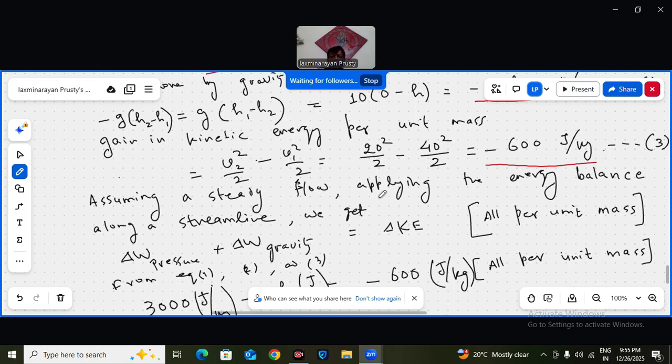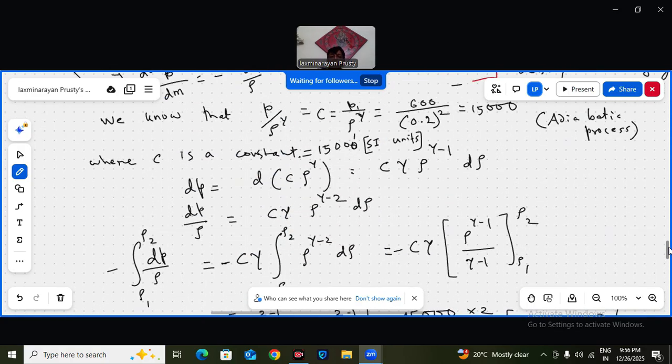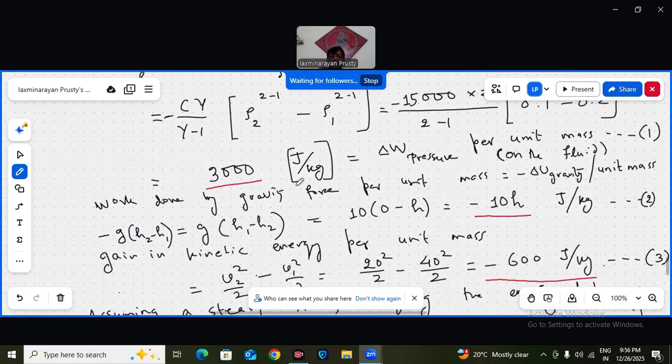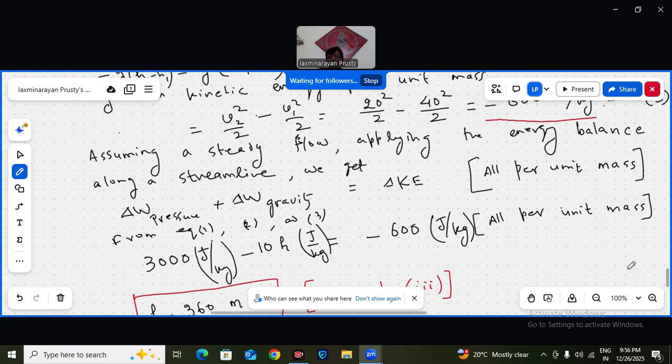So assuming a steady flow, applying the energy balance along a streamline. Steady flow means streamline flow. So delta W pressure plus delta W gravity should be delta K. Delta W pressure, how much we got? 3000. And this is the gravity force work done, how much? Minus 10H. So 3000 joule per kg minus 10H joule per kg is equal to the gain in kinetic energy, which is minus 600.